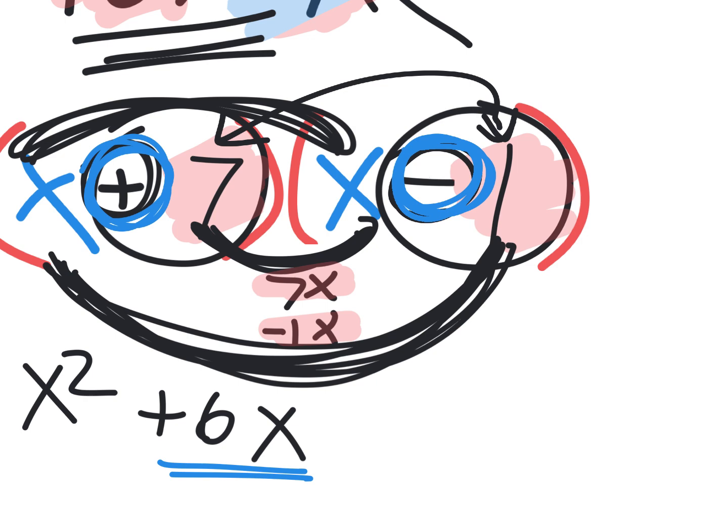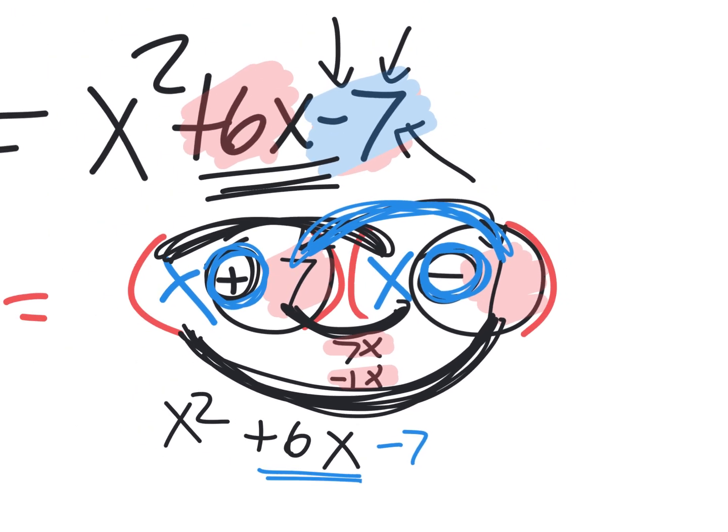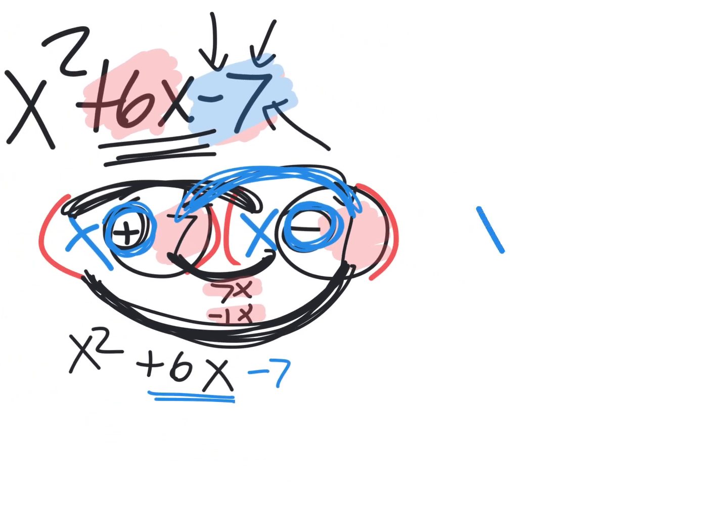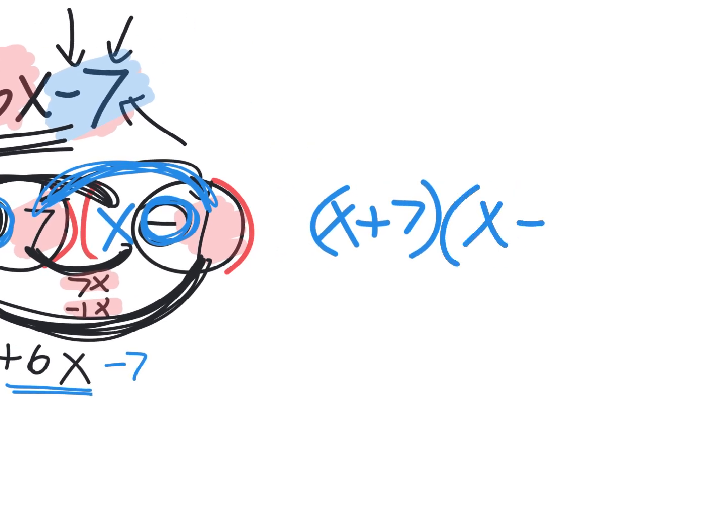The last number to check it is to go 7 times negative 1, and what's 7 times negative 1? Negative 7, and I just made sure that it worked. I did that one really slow, I know, but the final answer was x plus 7 and x minus 1. Now, can I just reverse those signs around? No, you'll get the opposite of what you wanted.